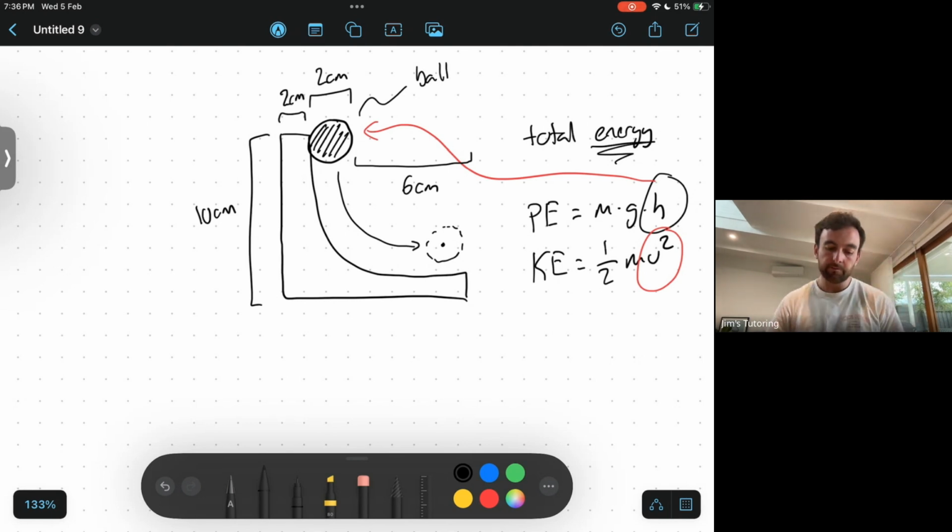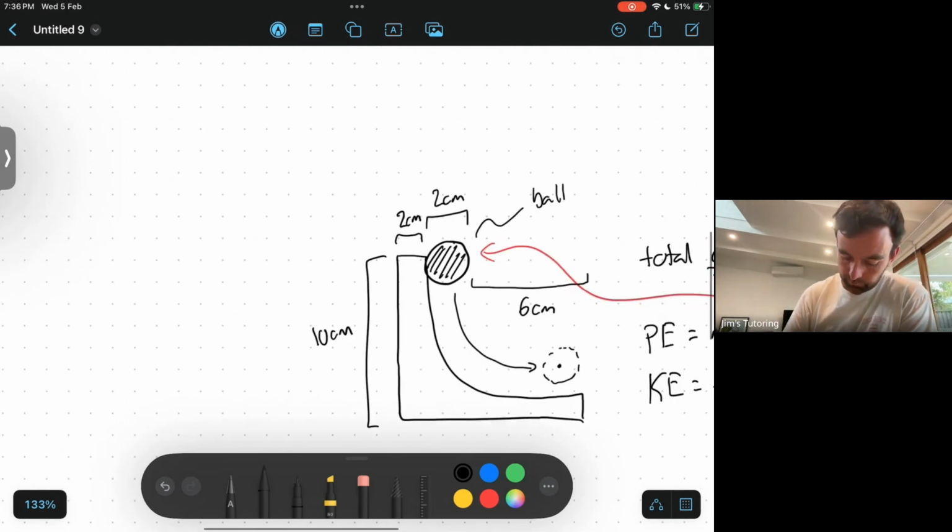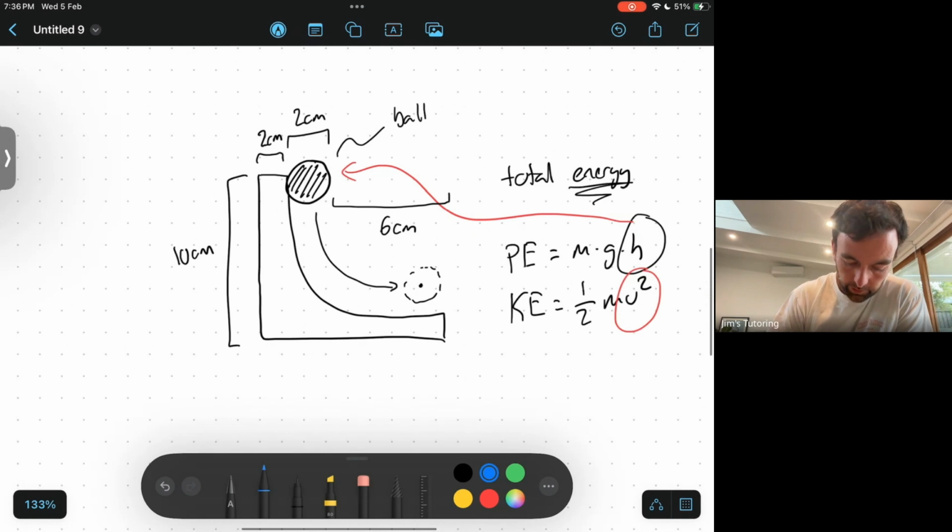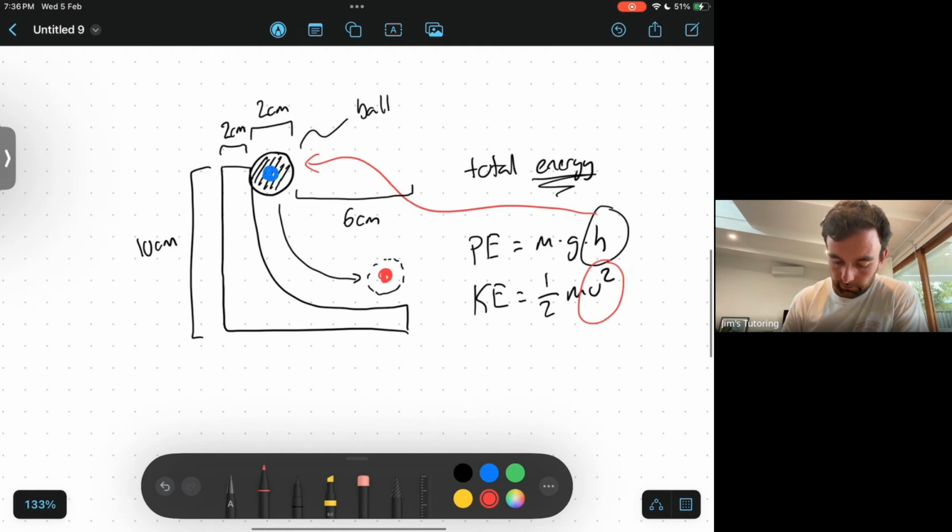So obviously, if we're going from here in blue down to red, and the formula is mass times gravity times height, we need to know the height that it ends up at. And this is a bit of a common trap that I noticed. So what do you think? It obviously starts at 10 centimeters.